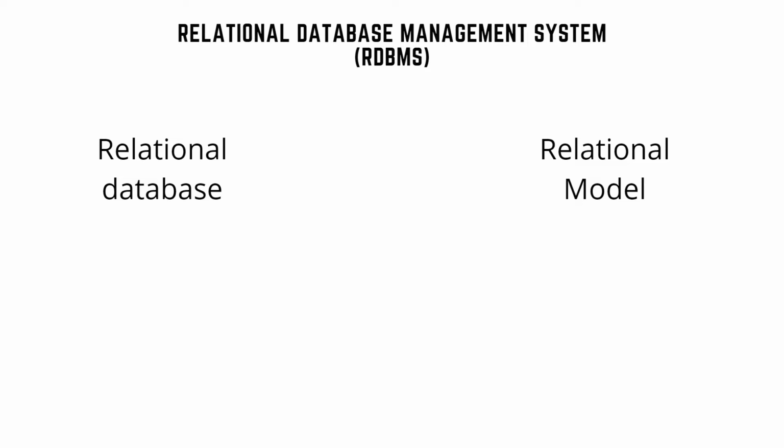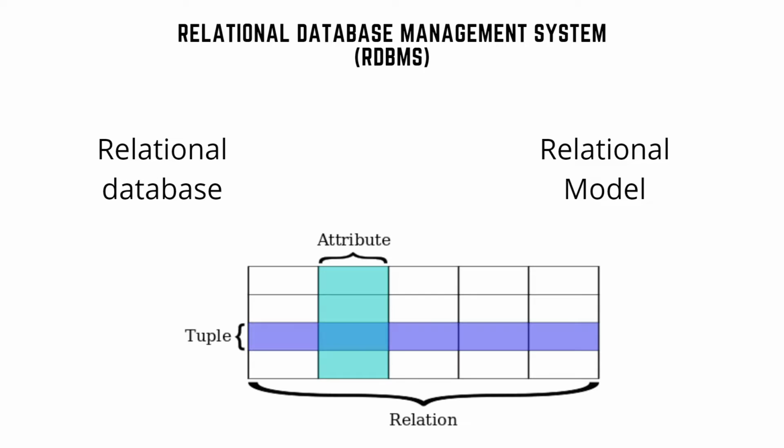It is a model that was described in Edgar Codd's paper, which we discussed in the first video on history, so do check that out. Basically, relational model means data organized in tables which have columns and rows. Columns are known as attributes and rows are known as tuples, and every table is in relation with another table. That, in short, is what the relational model means.